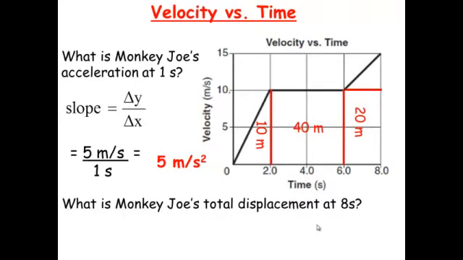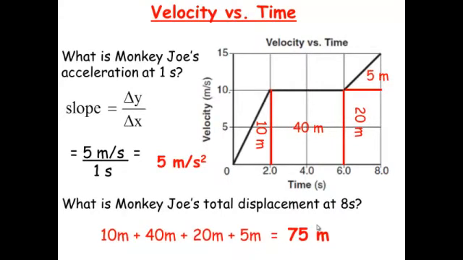Next, I could break that last segment down into a rectangle and a triangle to determine that that area comprises 20 meters and 5 meters. So overall, to find the displacement, I could add all of those individual areas together to determine that the total displacement is 75 meters.